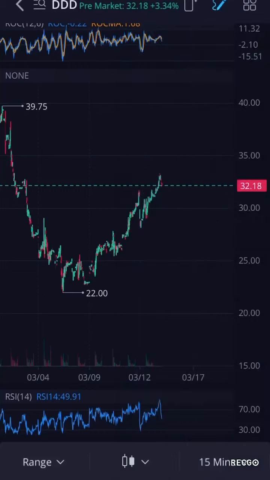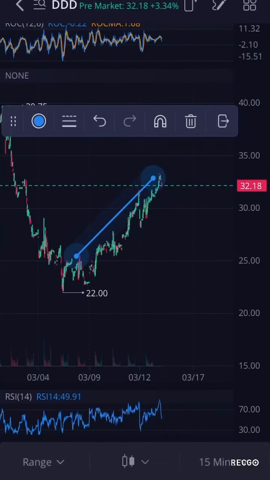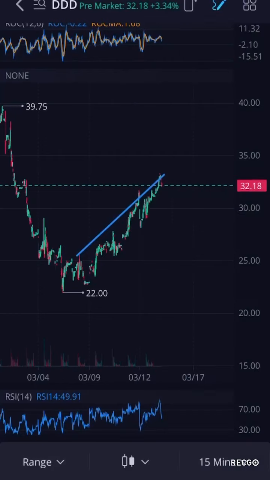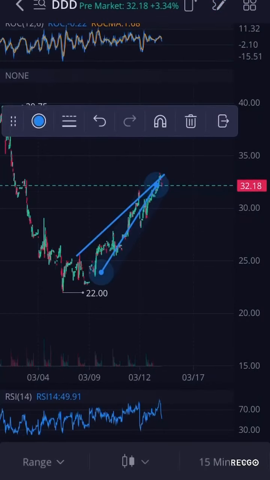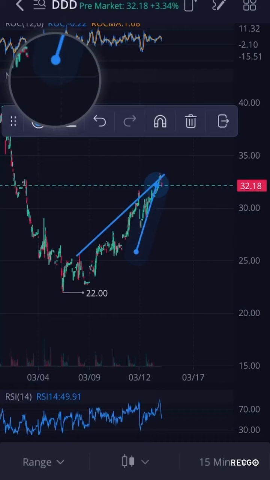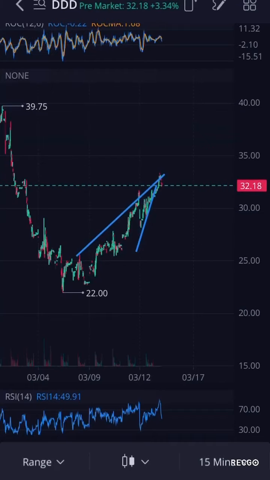If I had to guess right now, just look at the volatility of this 50-minute chart. We can clearly see this is more like a really strong rising wedge. And we can see the RSI, it's really overbought right now.